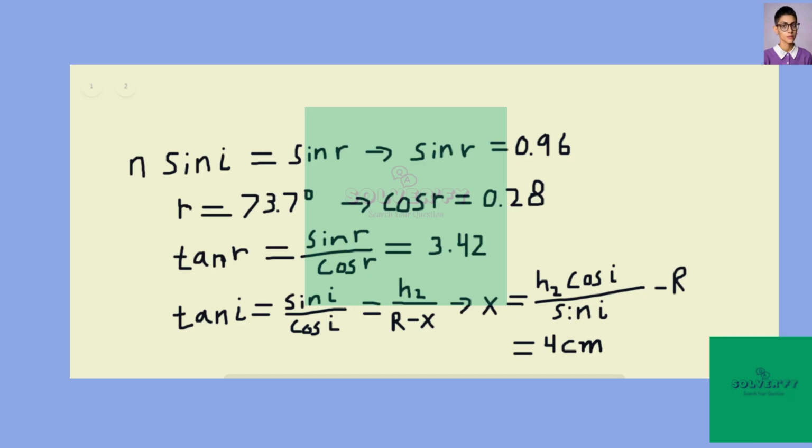Okay, so now that we know x, we can go ahead and move on. And we're going to let the angle theta be the angle made by the light ray h2 at that position with the horizontal.